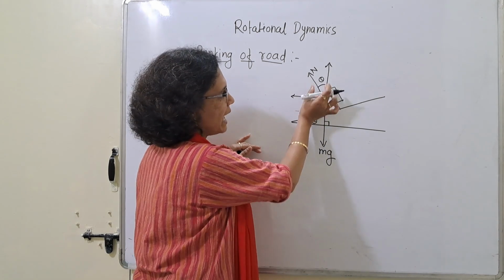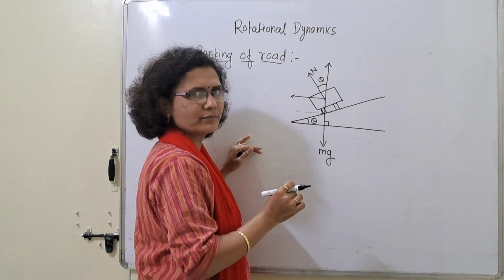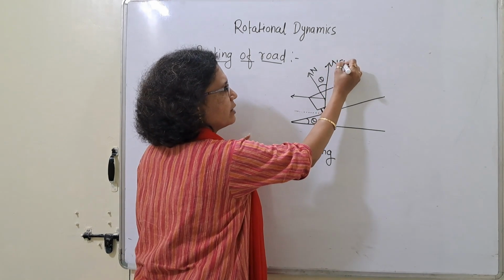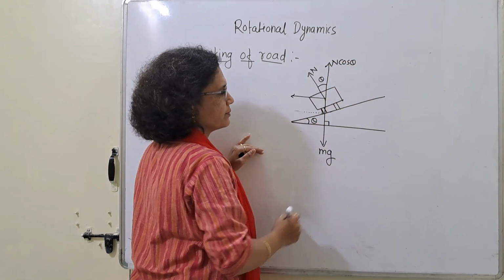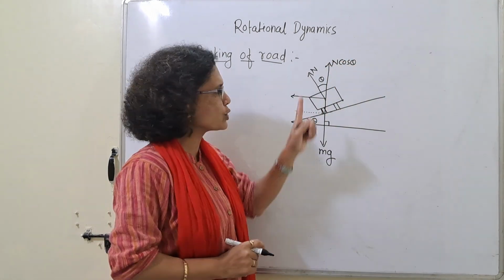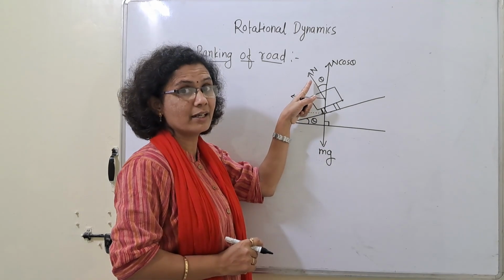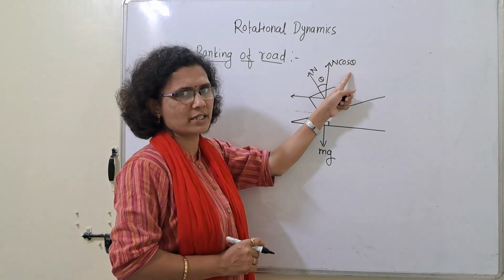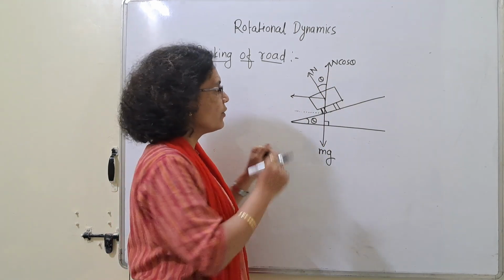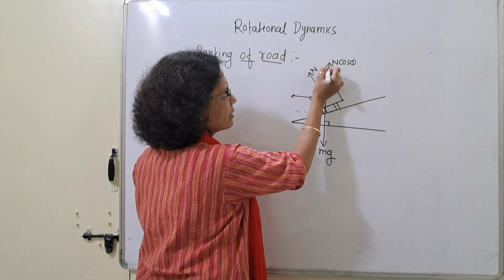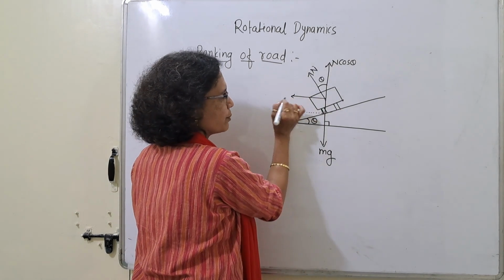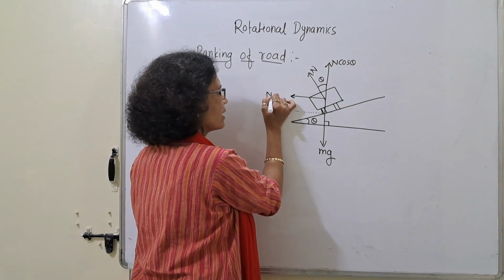So the component adjacent to this theta, which is close to theta, we know that this is N cos theta. And the component which is perpendicular to that, like this, perpendicular component means this component, this is N sin theta.